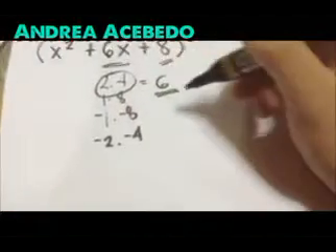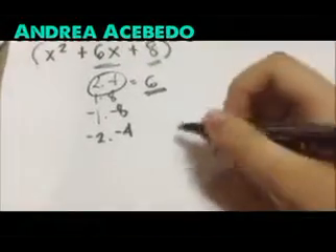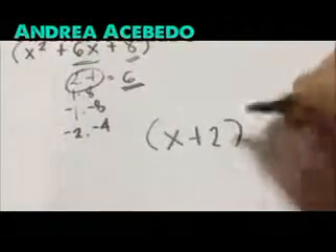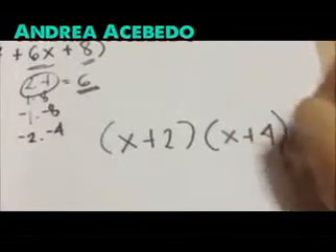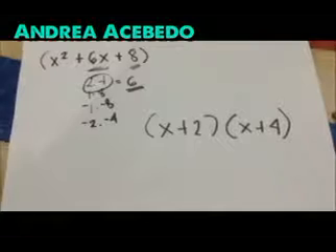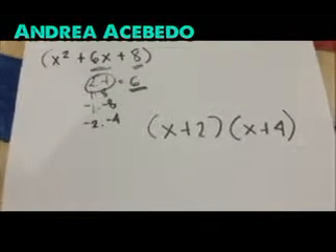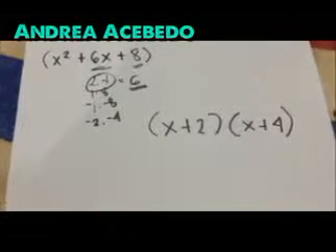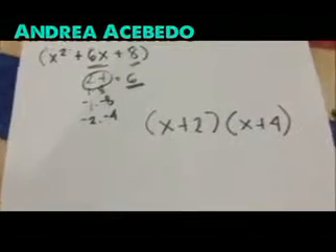The next step is to write the binomial factors, so it would look like this. Now, if you would want to check whether the binomial factors are correct or not, you can just multiply the two binomial factors and make sure that they are equal to the example given.